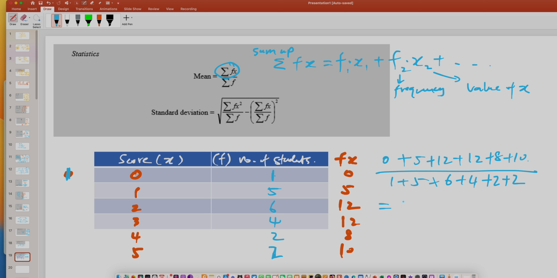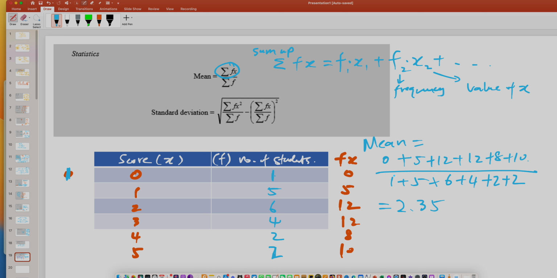It's 20, because I made sure that it's 20. Can you help me out with this? I need this answer. It's 2.35. Okay, good. So this is your mean.